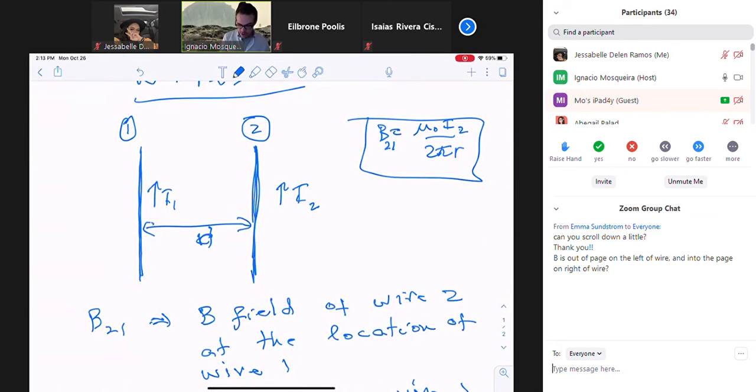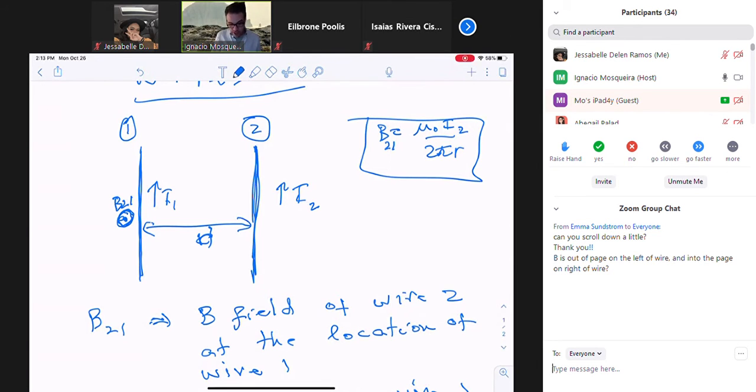I'm interested in the B field at the location of wire 1 because I'm calculating the force on wire 1. So at the location of wire 1, the B field, sorry, not the force, the B field, comes out of the page. I can label it like that, a dot meaning out, and then B, as in B field, with subscript 2,1, just because that's what I called it.